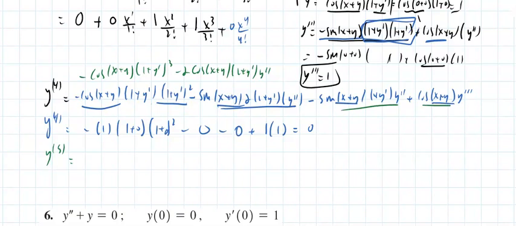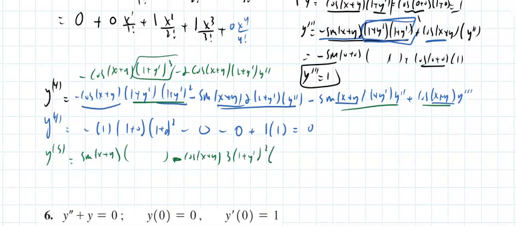Okay, well, if I take a derivative of that, that's going to be the sine of x plus y, but isn't true whatever I multiply that with is going to be 0, minus the cosine of x plus y times the derivative of this, 3 into 1 plus y prime squared times y double prime.